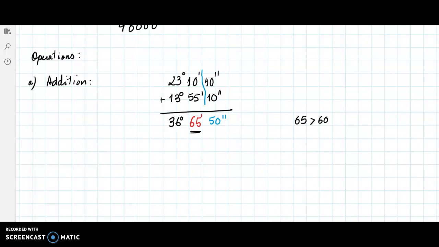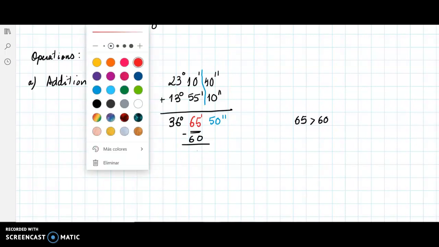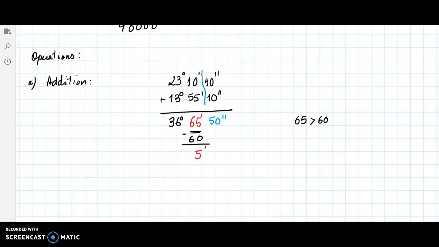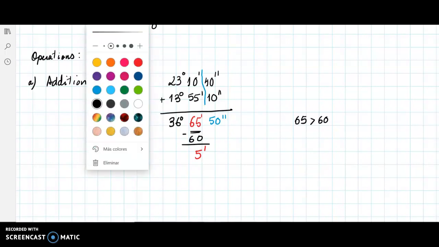So I'm going to subtract 60, and I get 5 minutes. And these 60 minutes form 1 degree.